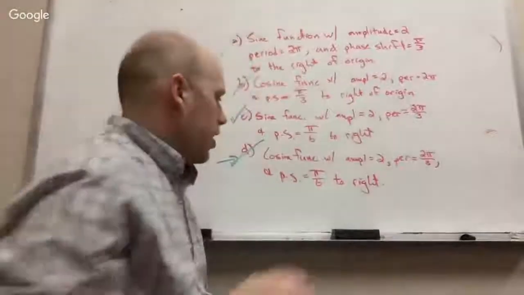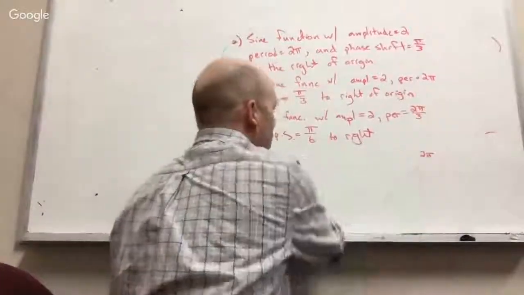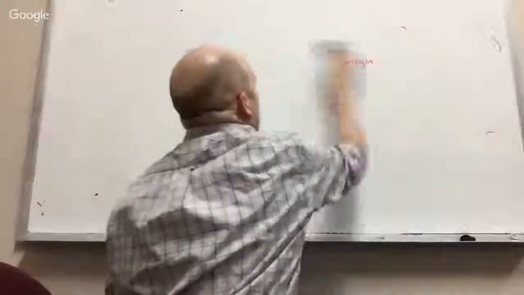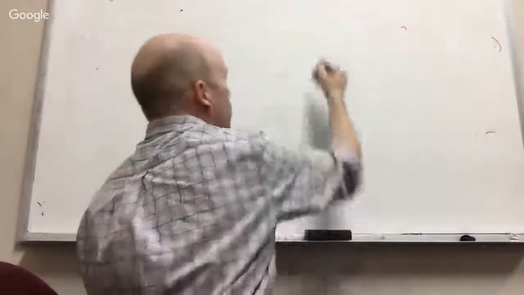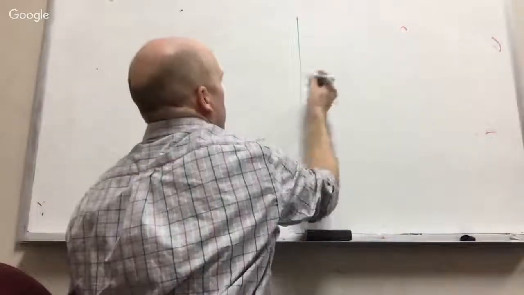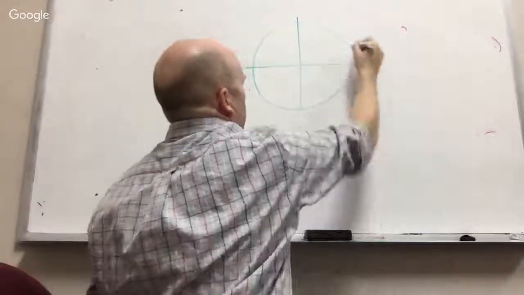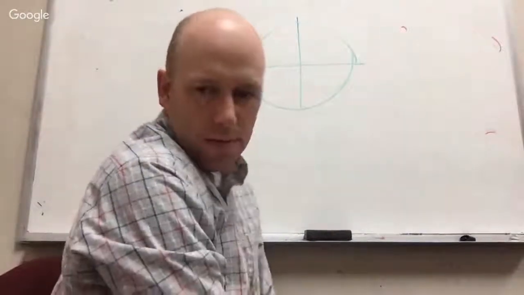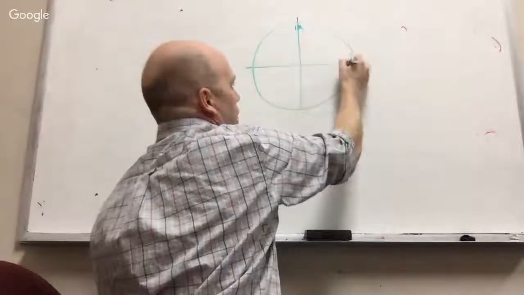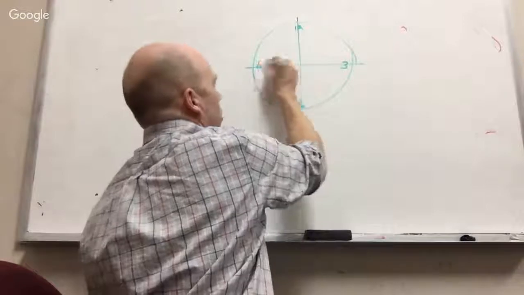So the diagram that goes with this one has a clock with its center at the origin. It's going to be a bad drawing, but you'll have to just bear with me. So centered at the origin. It's numbered as a clock is traditionally numbered.